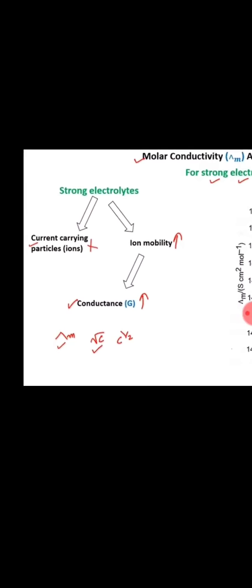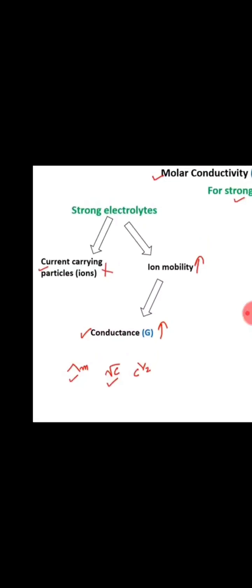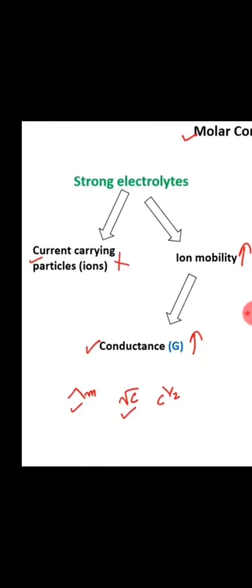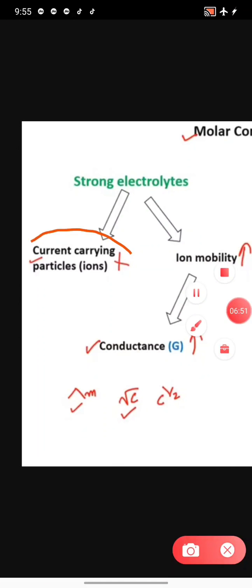Now molar conductivity at infinite dilution will depend upon one more factor, that is whether the electrolyte is strong or weak. In my last class, children, I discussed the effect of dilution on strong electrolytes and weak electrolytes separately. So I have mentioned it in summary here. You can see here, for strong electrolytes, the current carrying ions, that is the number of ions, do not change.